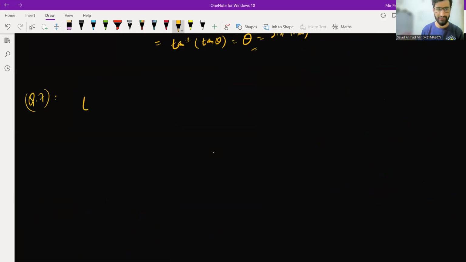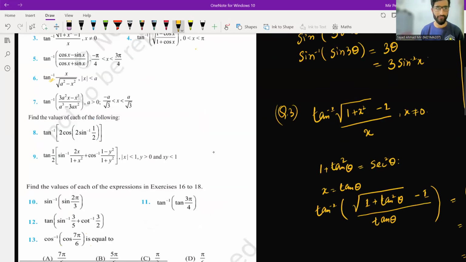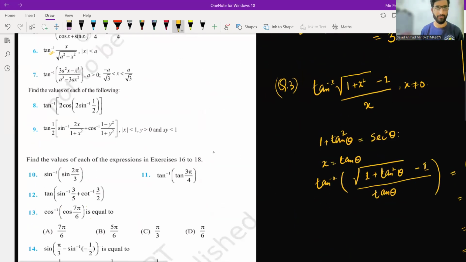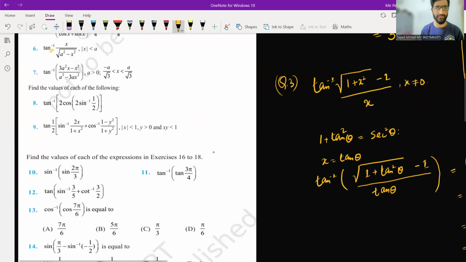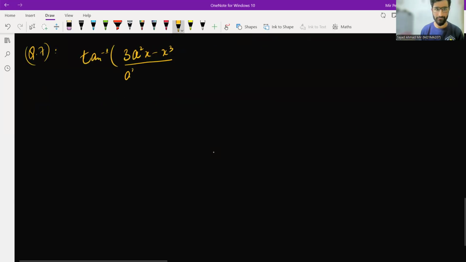Question number 7, tan inverse of 3a square x minus x cube divided by a cube minus 3a x square.